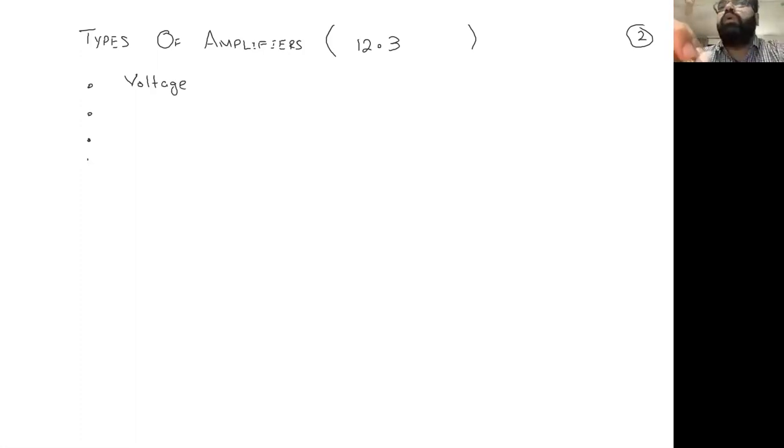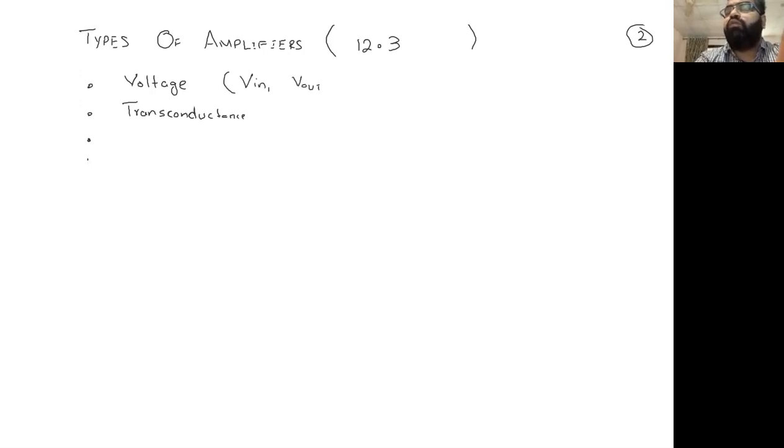So when we want to amplify the voltage, I'm going to discuss all of them in detail, but let me write all of them. The second one, which we have also been seeing but now are giving names to, is transconductance. So here I will write, like, we have an input and we have a voltage output.